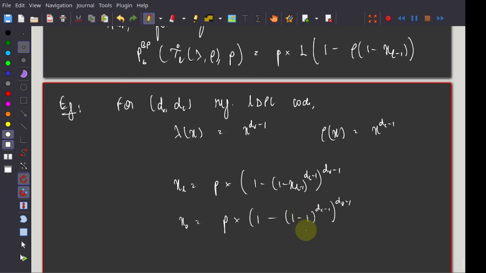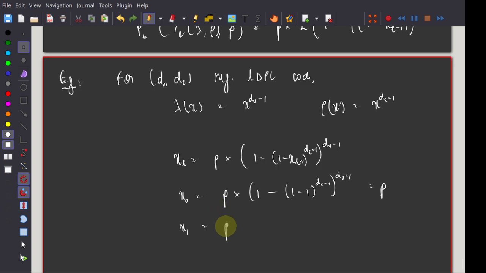But then this quantity is 0, so therefore this quantity is 1, and 1 raised to dv minus 1 is just p. x1 is then p times (1 minus (1 minus x0) raised to dc minus 1) whole raised to dv minus 1.